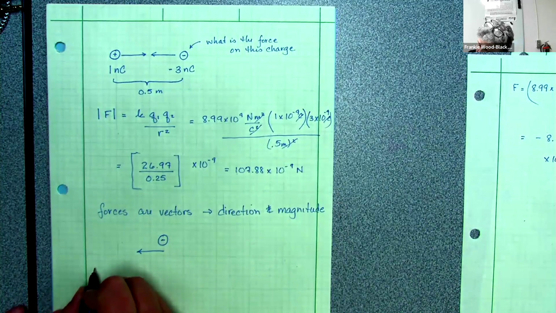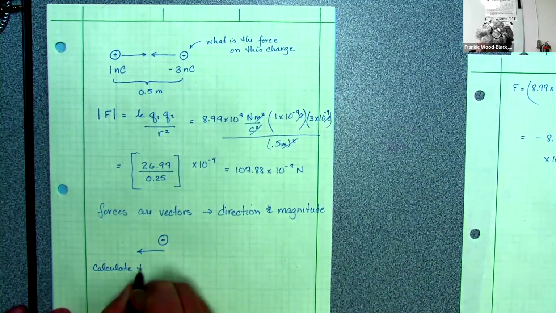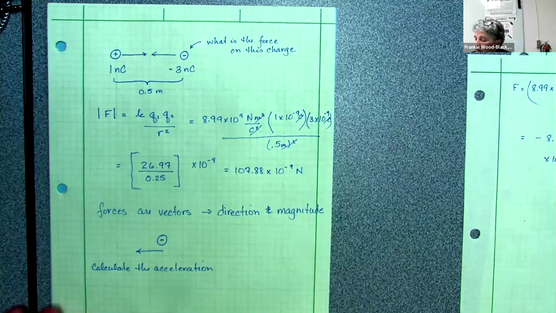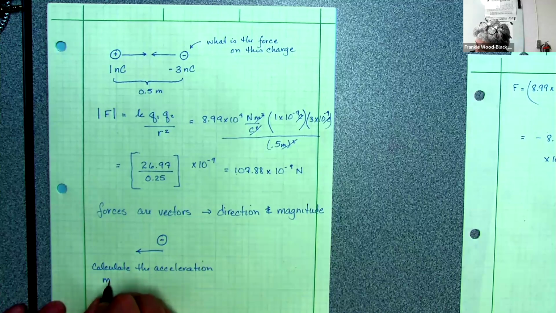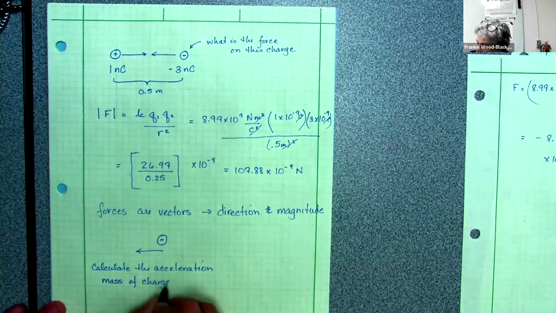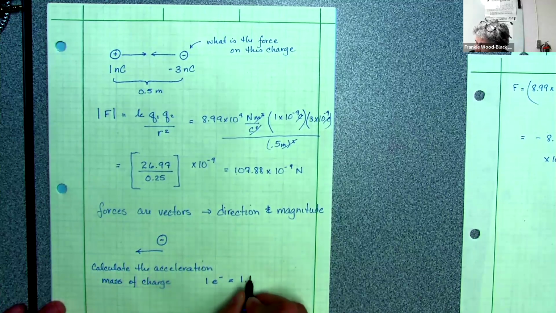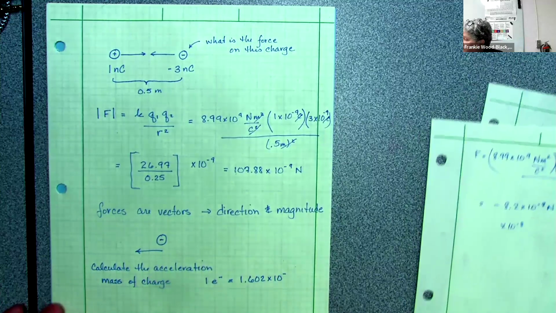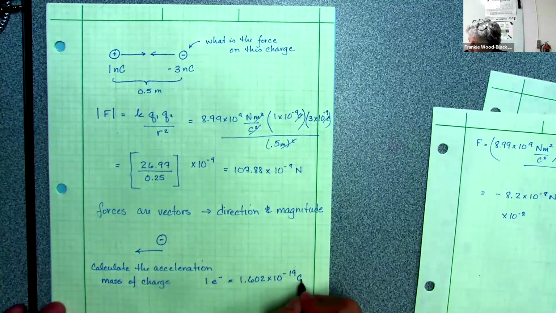We can also calculate the acceleration. All right, so we're going to calculate the acceleration. Well, first of all, I'm going to need the mass of the charge. All right, we know that 1 electron is equal to 1.602 times 10 to the minus 19 coulombs.